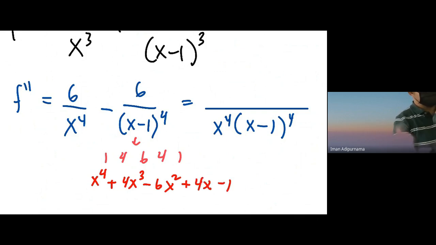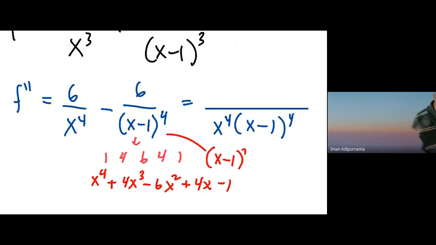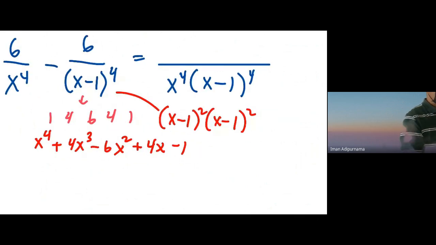Okay. Is it correct? I think it's correct, right? Yeah, we can check this also from x minus 1 squared, x minus 1 squared. Okay. You can check this if you want to check one by one, and I think it will result in this.